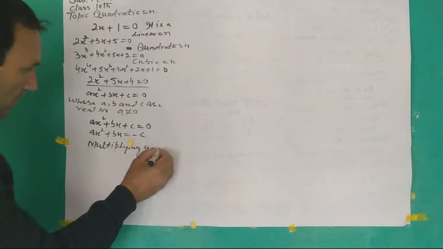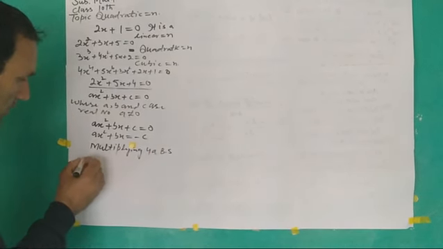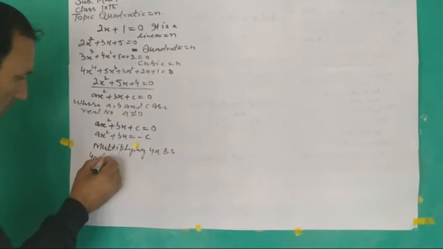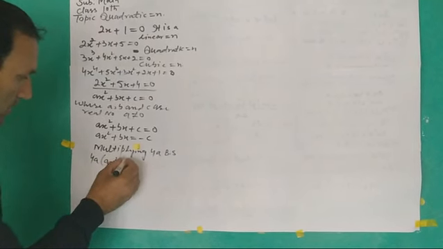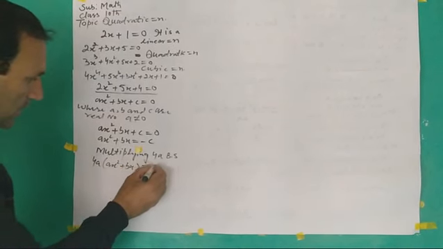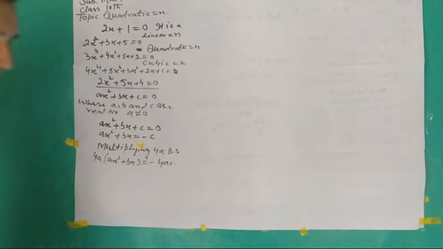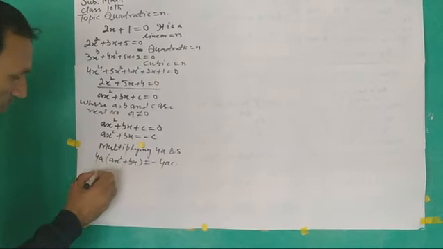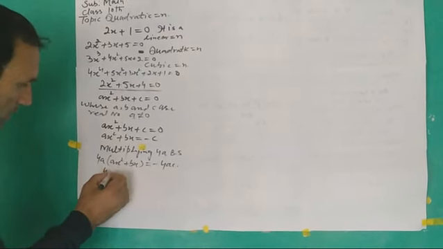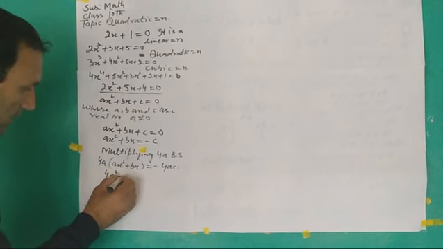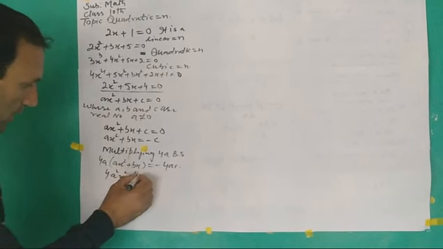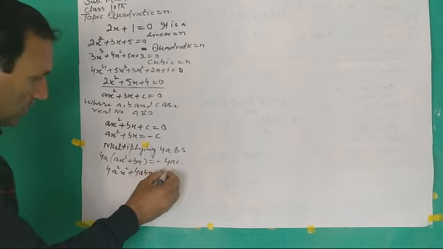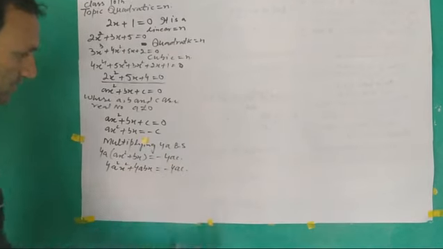This is 4a into ax square plus bx is equal to minus 4ac. Now multiply with the help of this 4a. This is 4a into a, that is a square, x square plus 4abx is equal to minus 4ac.